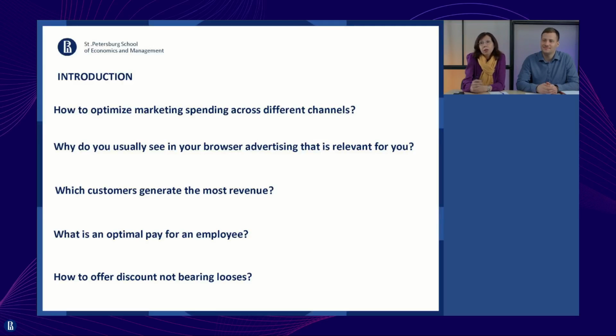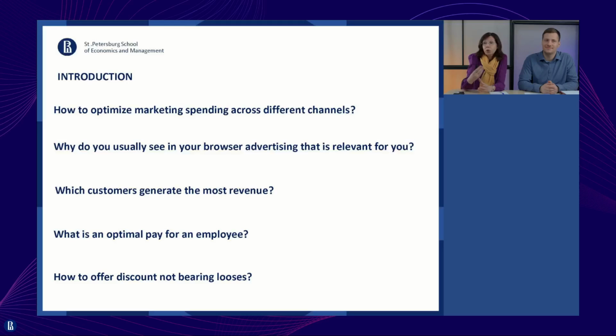You know that company leaders have a lot of different data, and such questions, for instance, as how to optimize marketing spending across different channels. Why do you usually see advertising in your browser that is relevant for you? Or which customers generate the most revenue?